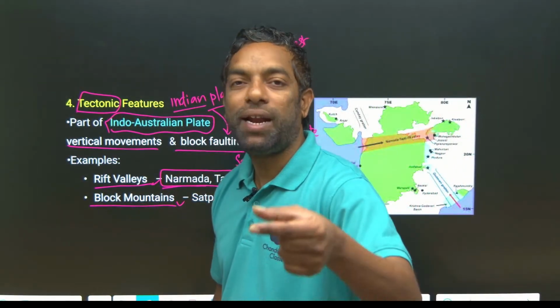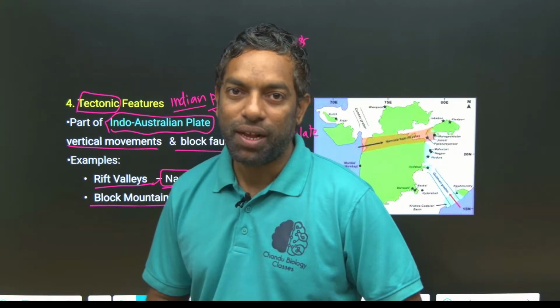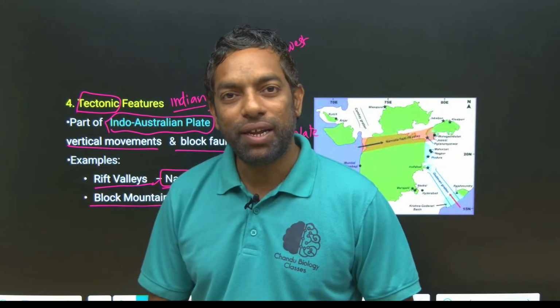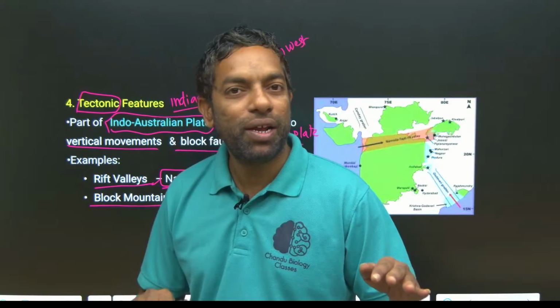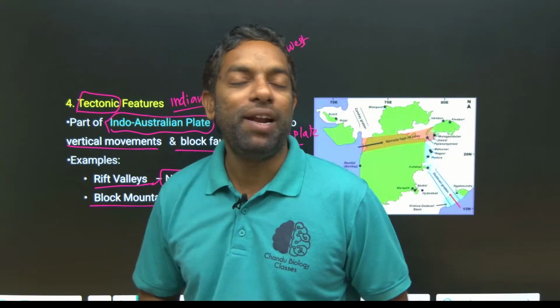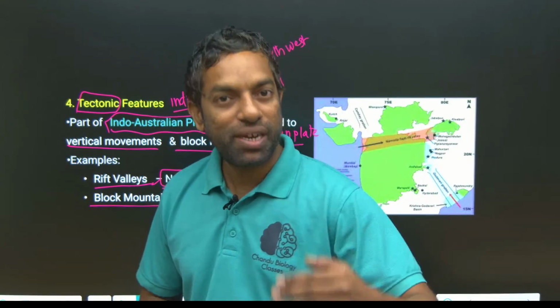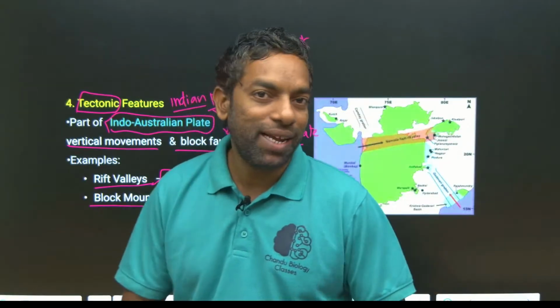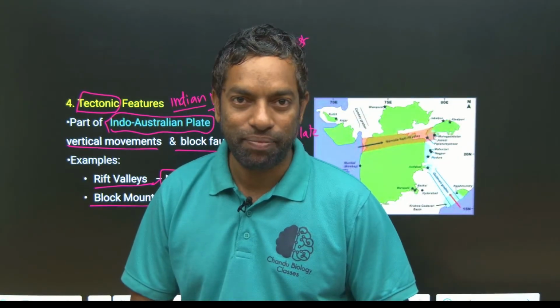What kind of plate tectonic activity? Convergent, divergent, or transboundary? Which type of plate tectonic activity created rift valleys?